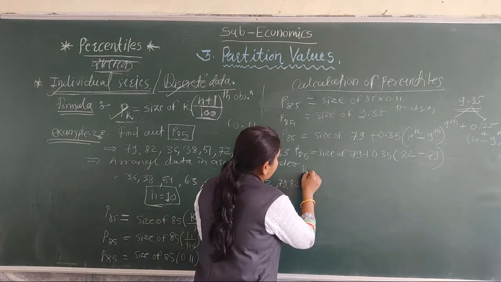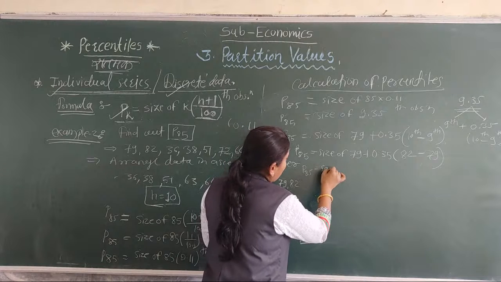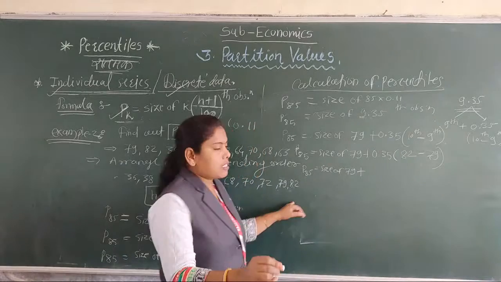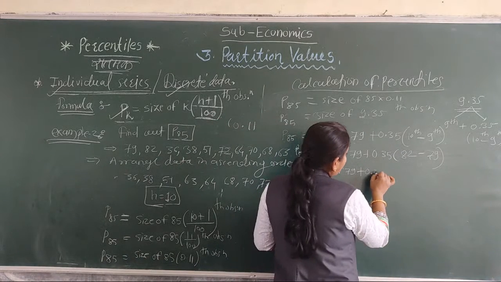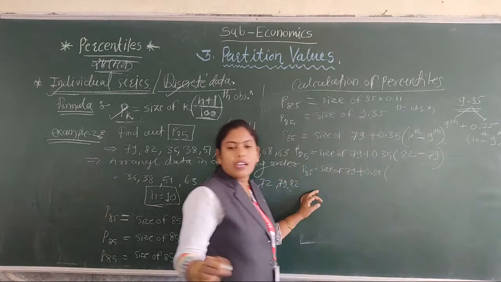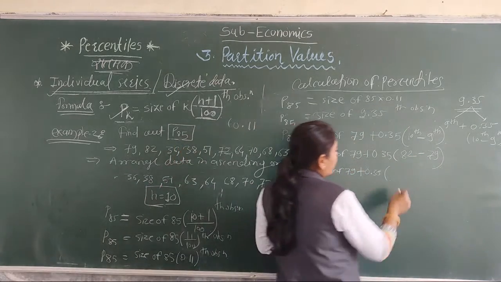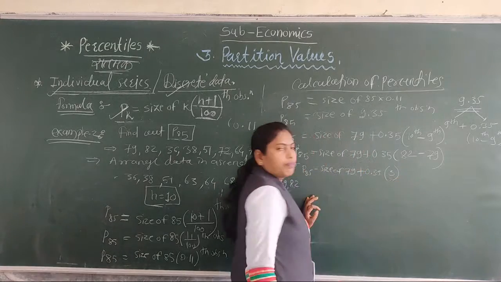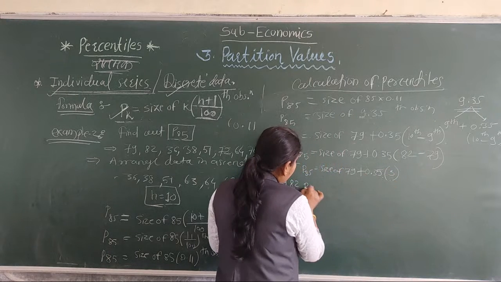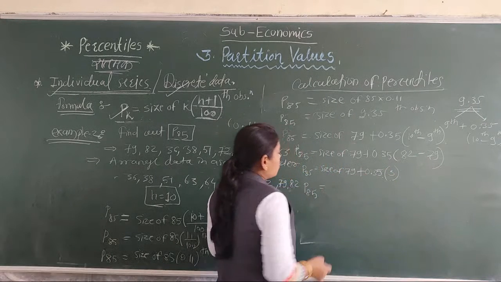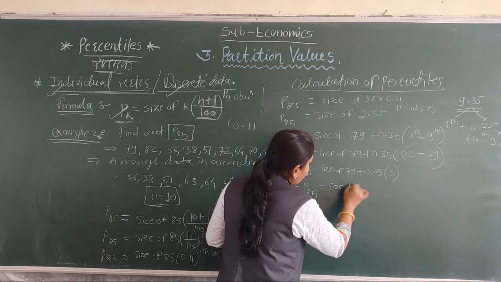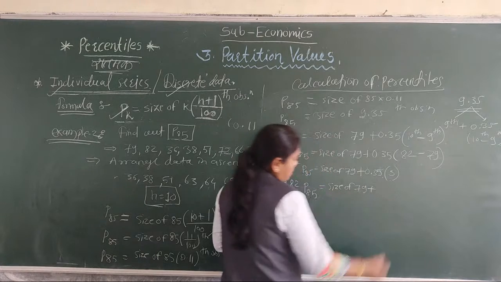Next step of this example, size of 79 plus 0.35 into bracket 82 minus 79. 82 minus 79 is equal to 3.